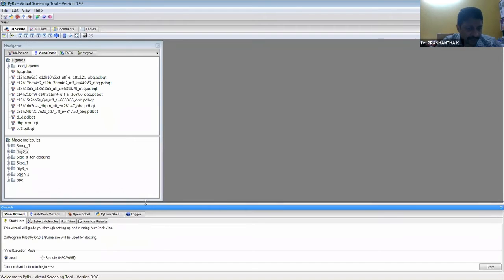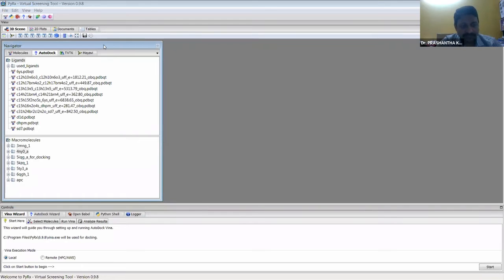Now, even if you recall the presentation from Dr. Karthik last Saturday, he also demonstrated AutoDock. He used MGL Tools as one of the programs, where we opened the macromolecule, then went for the command line.